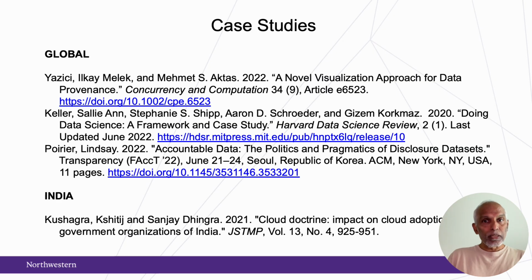The other one is Doing Data Science, a framework and case study by Harvard Data Science Review, published by Ann Keller, Shib Stephanie, and Schroeder Aaron. Finally, there is another one published in 2022, Accountable Data, the Politics and Pragmatics of Disclosure Data Sets, published in the journal Transparency, coming from Republic of South Korea, and published by Lindsay Poirier.